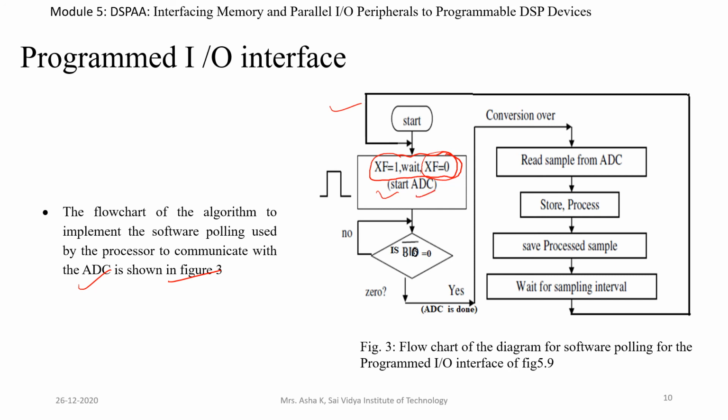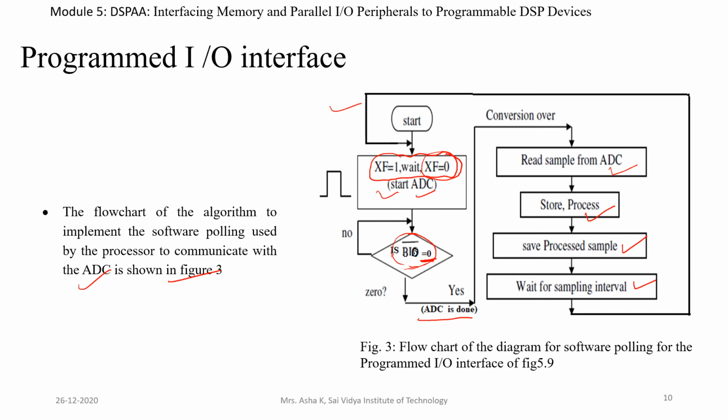Afterwards we check the branch input control signal. If this branch input control signal is equal to 0, it means the ADC conversion is done, the conversion is over. Then we read the sample from the analog to digital converter, store and process, save the processed samples, and wait for the sampling interval.